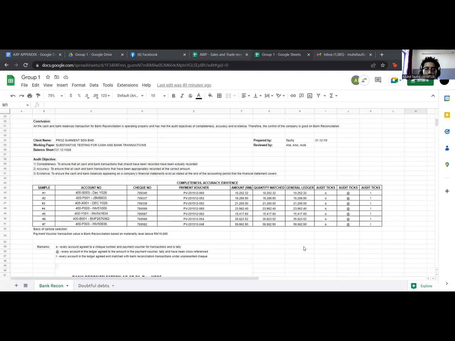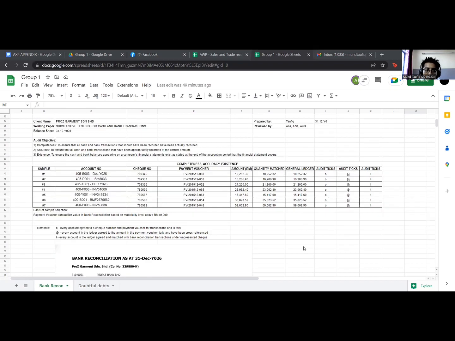If we want to have more samples, we will need to lower our materiality level, maybe to 5,000. Every sample has its own account number, check number, payment voucher, and the total amount.